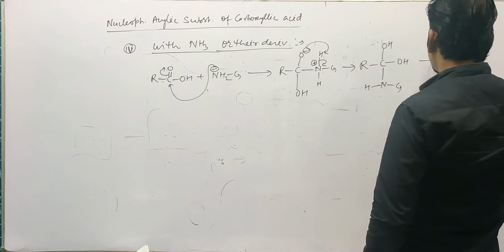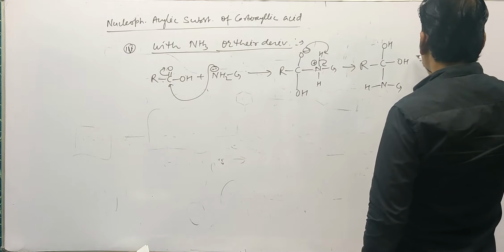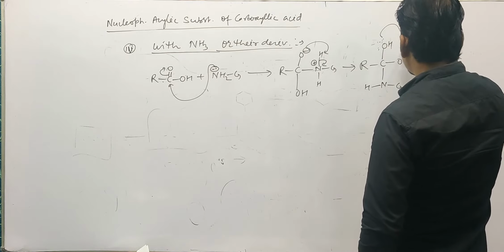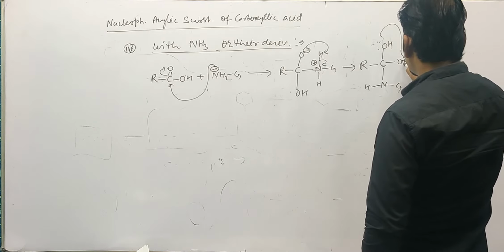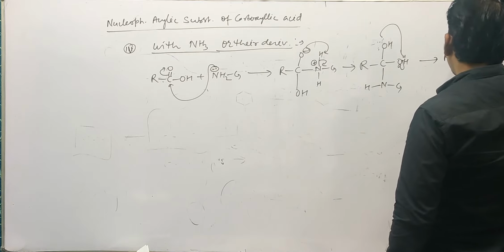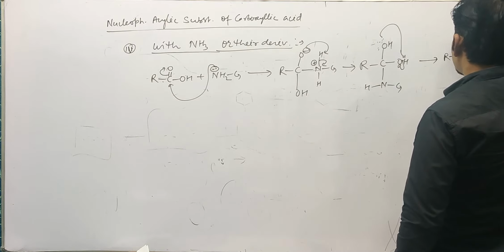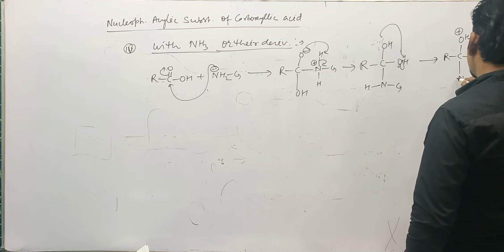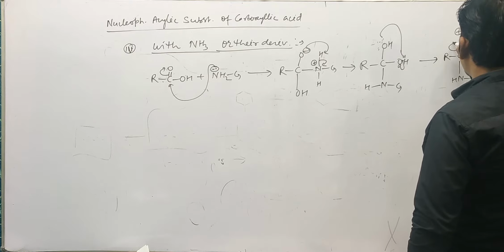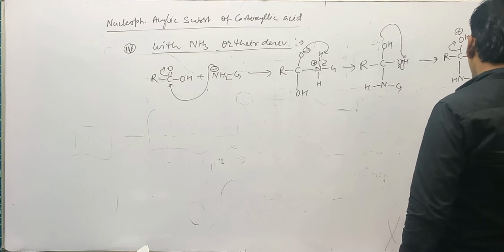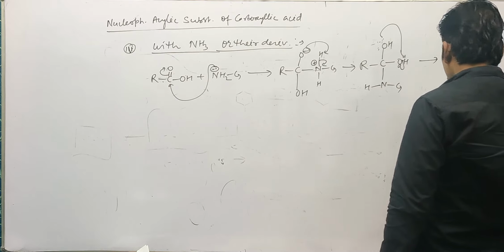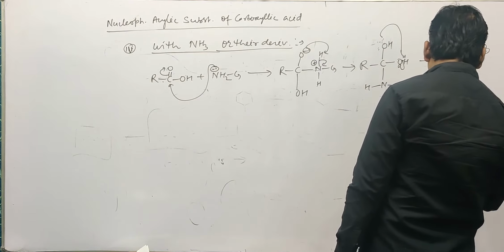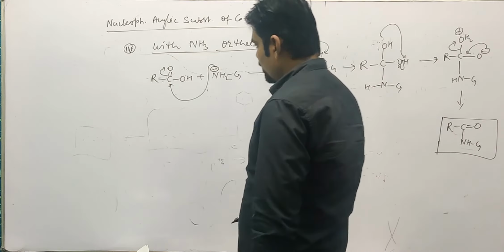Then this undergoes protonation. So this will become RC OH2 plus, at this place there is O minus, at this place NHG. Further, this minus will return back. This will go out, becoming RC double bond O NHG. So it forms the corresponding amide or N-substituted amide.